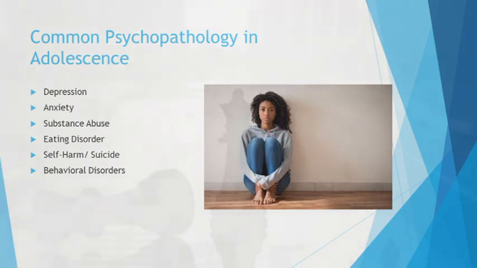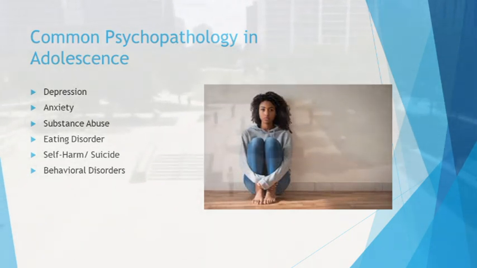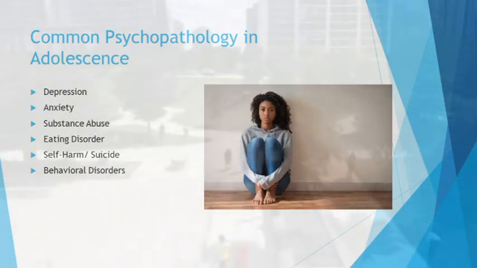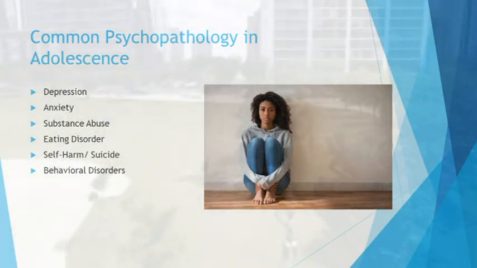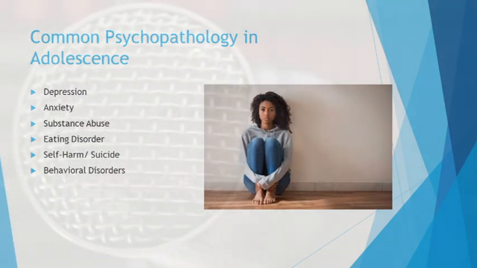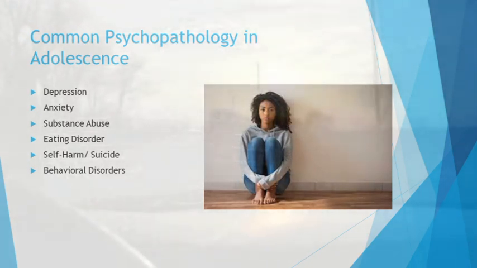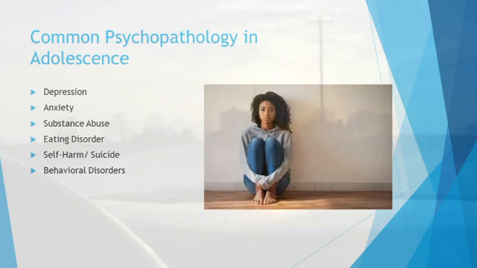Then there's also anxiety disorders, including generalized anxiety disorder, social anxiety disorder, and panic disorder. All of these are common among adolescents. And symptoms may include excessive worry, irritability, restlessness, difficulty concentrating, physical symptoms such as muscle tension and fatigue.